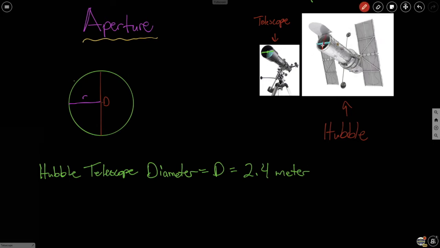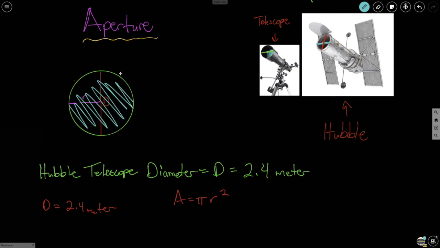Since we're given the diameter of 2.4 meters, we're going to use the area of a circle equation, which is the way that we figure out the collecting area. Remember we were talking about earlier, the collecting area of that diameter and circle that we see.